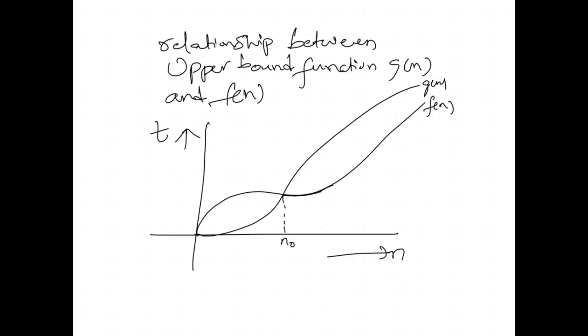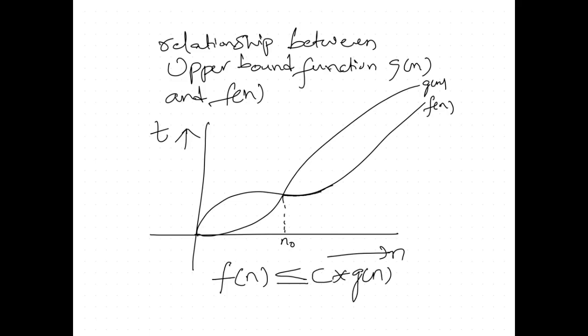This is what we need to observe. With this graph, I want to establish the relationship between f of n and g of n, and that representation is said to be big O notation. So f of n will always be less than or equal to c times g of n.